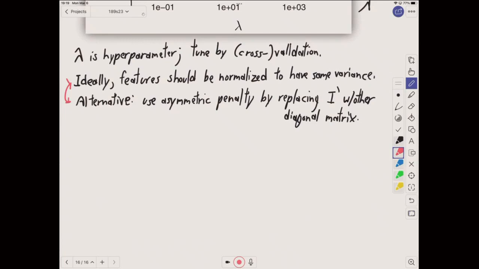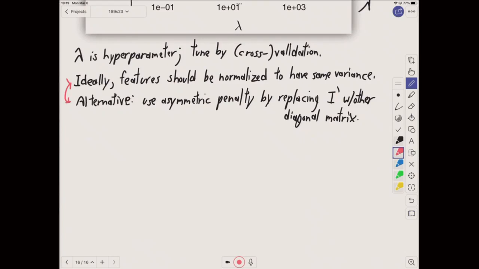A situation where it might make a lot of sense, though, that's worth pointing out, is if you are doing polynomial regression. It does not necessarily make sense to expect that the weight associated with a degree 2 term would be the same order of magnitude as the weight associated with a degree 5 term.